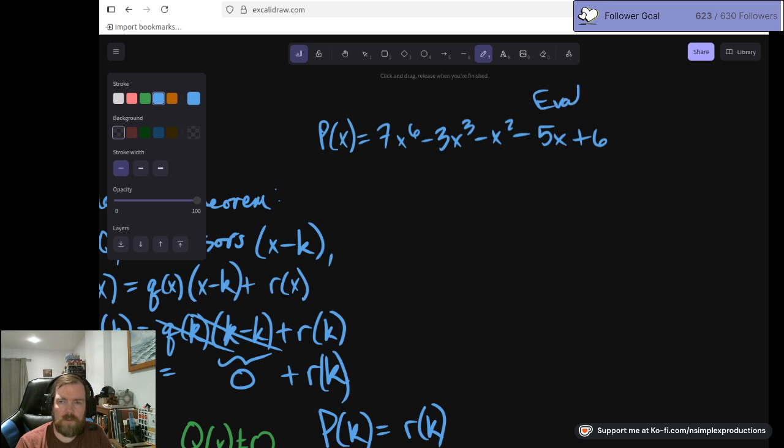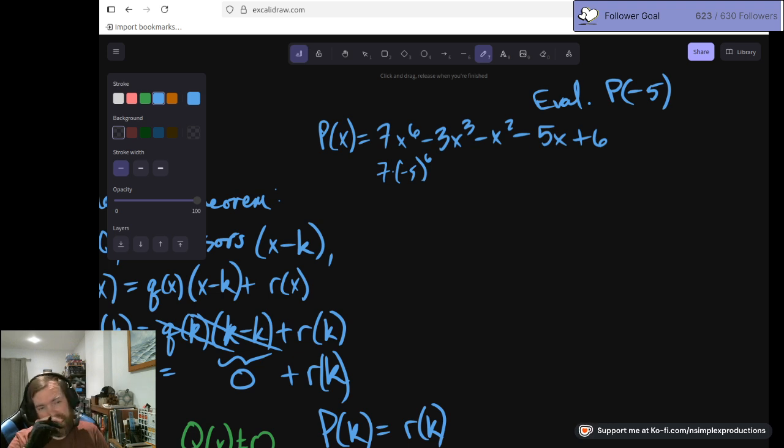If we want to evaluate P of negative 5, I don't really want to do that. It's not like it's horrendous, right? We could still plug in the values, but this is going to be negative 5 to the 6th power times 7. I'm going to want a calculator, quite frankly.